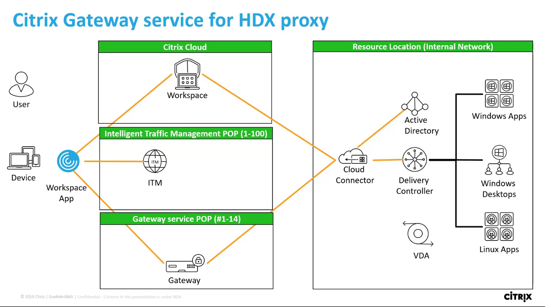With that, the Gateway Service contacts Cloud Connector and asks it to establish a reverse proxy connection to that particular Gateway POP. Through that, the Gateway is going to communicate with the VDA, and it'll establish that end-to-end session so that the virtual app or desktop is active and running on that endpoint.